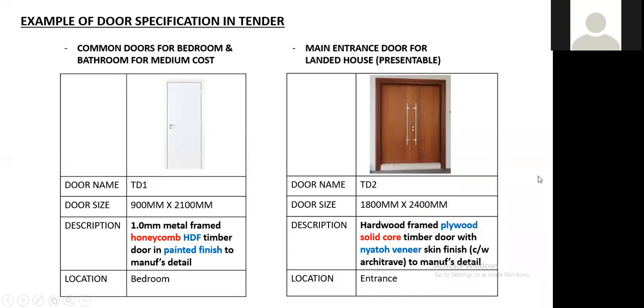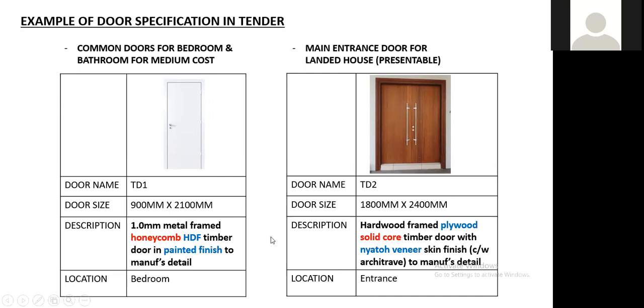On the left side, the painted finish is actually to architect's detail, supposedly. Of course, you can make it longer: painted finish to architect selection, but the door is to manufacturer's detail. So you can structure the sentence in a more detailed way. I feel it has to be two separate parts.